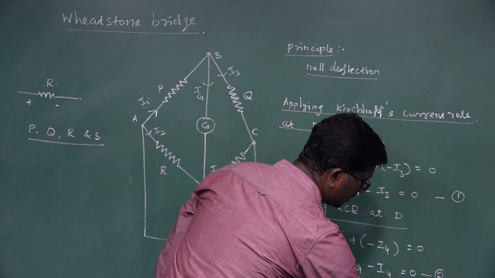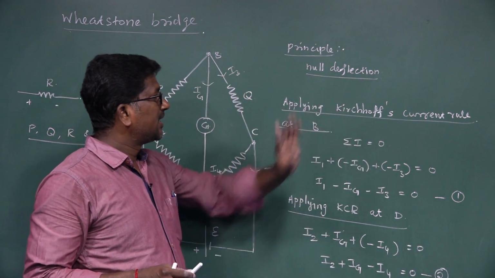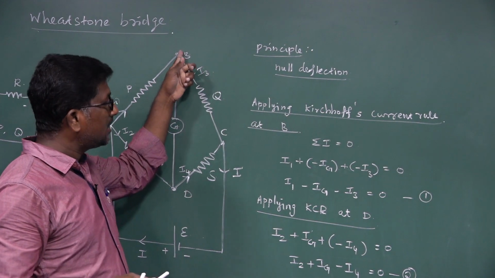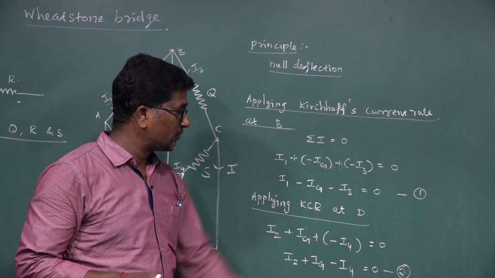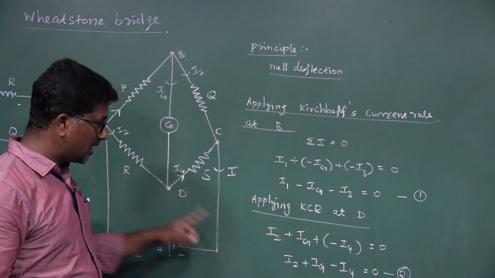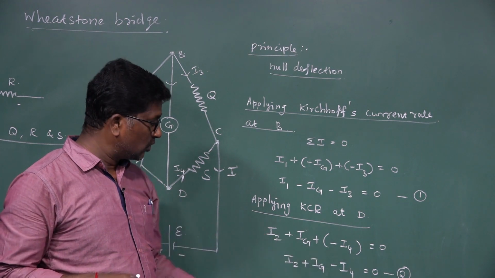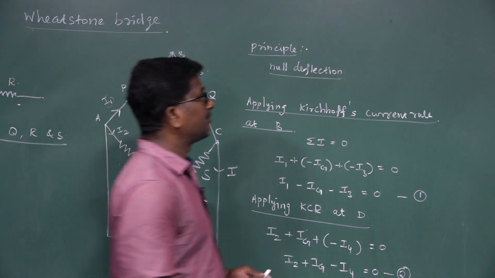So this is equation number 2. So applying Kirchhoff current rule at junction B, we get I1 minus IG minus I3 equal to 0, the first equation. And after applying it at junction D, we get another equation, that is I2 plus IG minus I4 equal to 0.